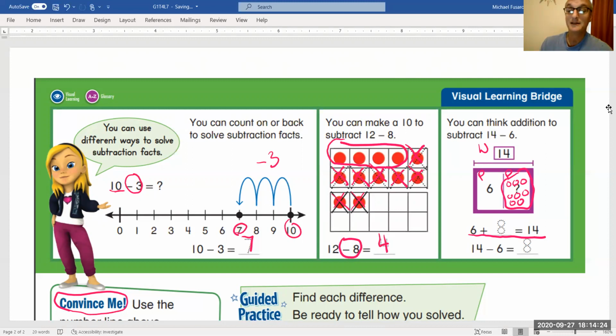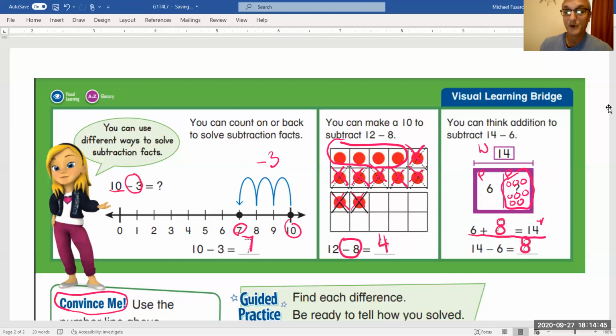And look at that, guys. Little snowman there. My number 8. So 6 plus 8 is going to equal, bada bing, bada boom, 14. And that means, like the fact families, 14 take away 6 is going to be 8.